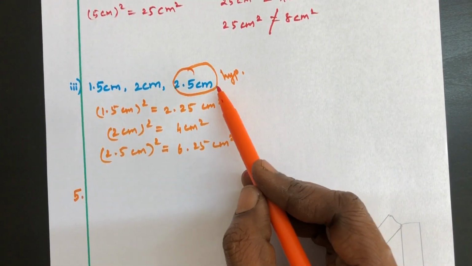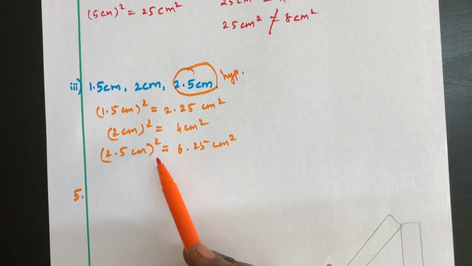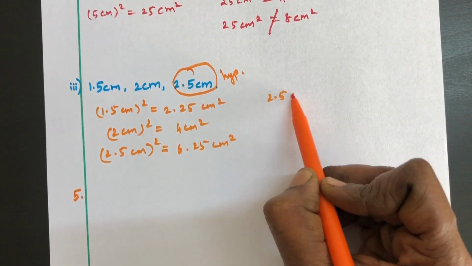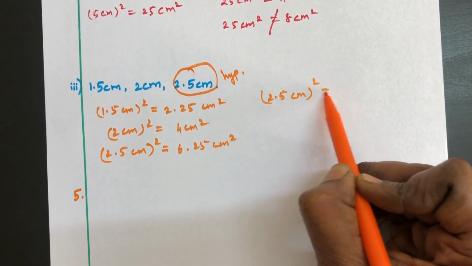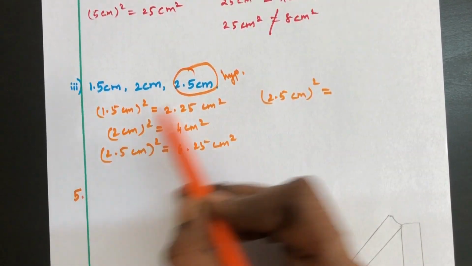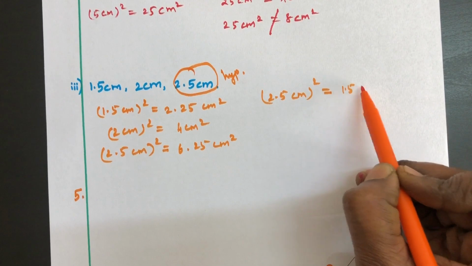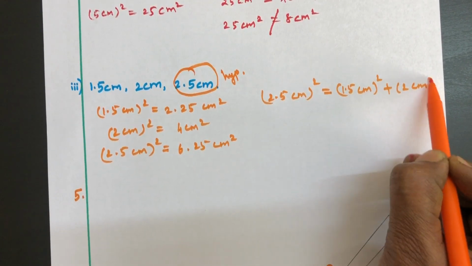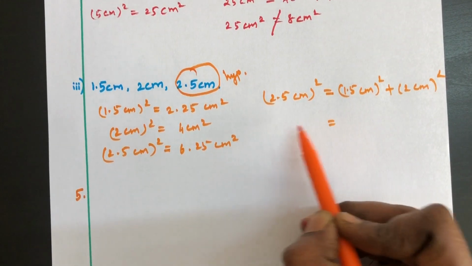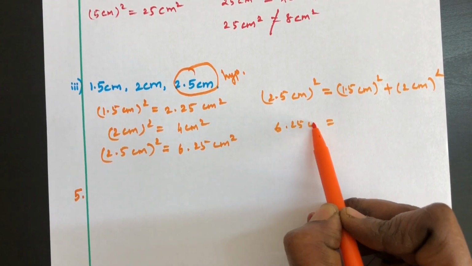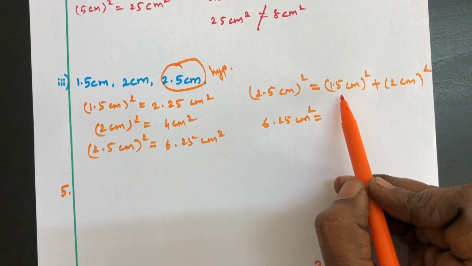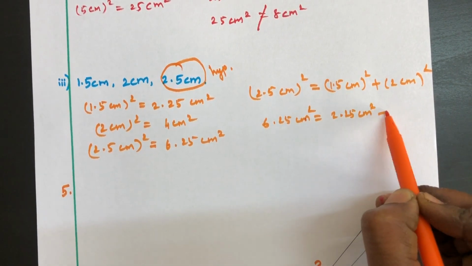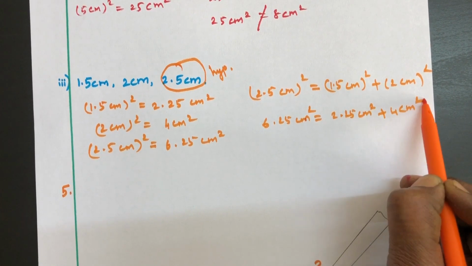Now if it is the hypotenuse, the square of this length, that means 2.5 centimeter square, is equal to the addition of these two square lengths, 1.5 centimeter the whole square plus 2 centimeter the whole square. 6.25 centimeter square is equal to 2.25 centimeter square plus 4 centimeter square.